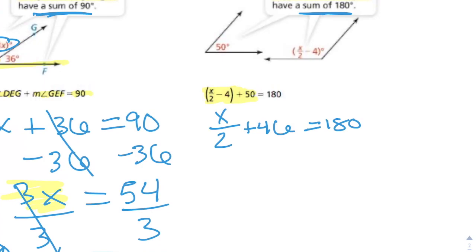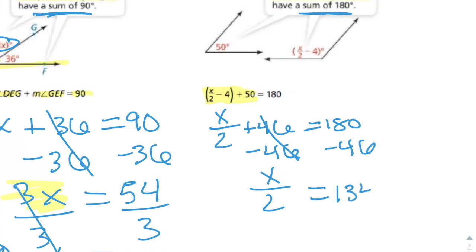So -4 plus 50, or really 50 minus 4, because you're adding a negative with a positive, is 46. So now I can just undo my first operation by subtracting 46 from both sides. These cancel out, and I'm left with x over 2, or x divided by 2, is equal to 134.